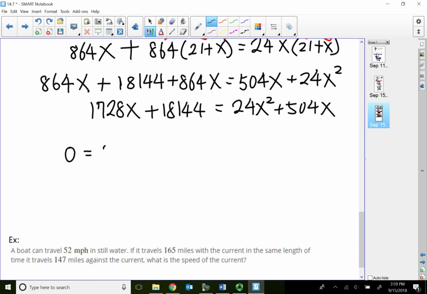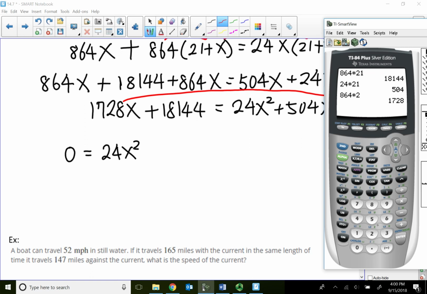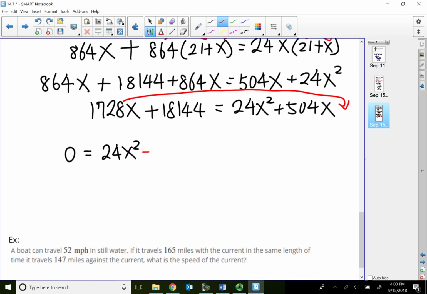So 0 equals 24x squared, still the same. 1728x comes over, becomes negative. That will be 504 minus 1728. 504 minus 1728 gives me negative 1224x. All right, positive 18144 comes over, becomes negative 18144.